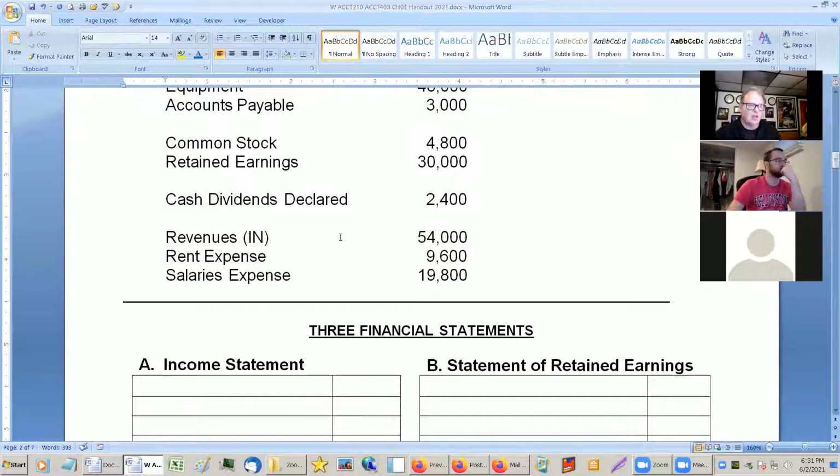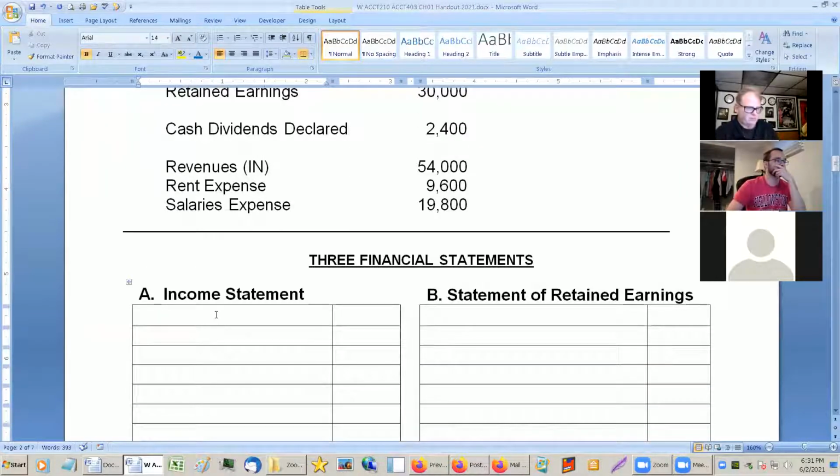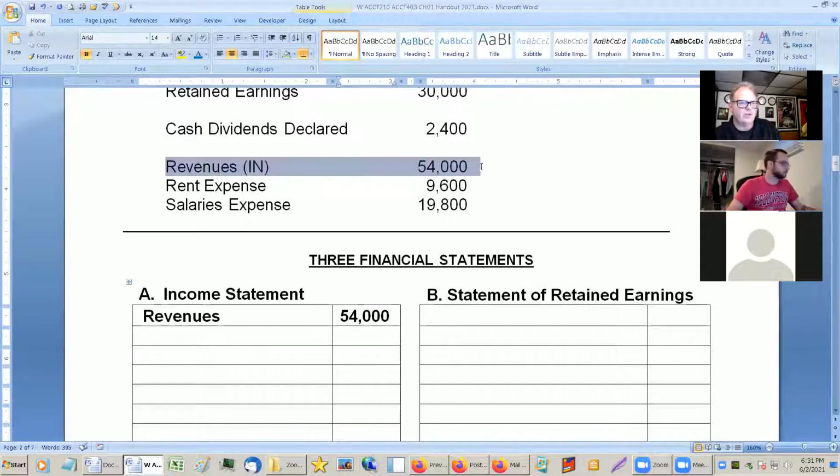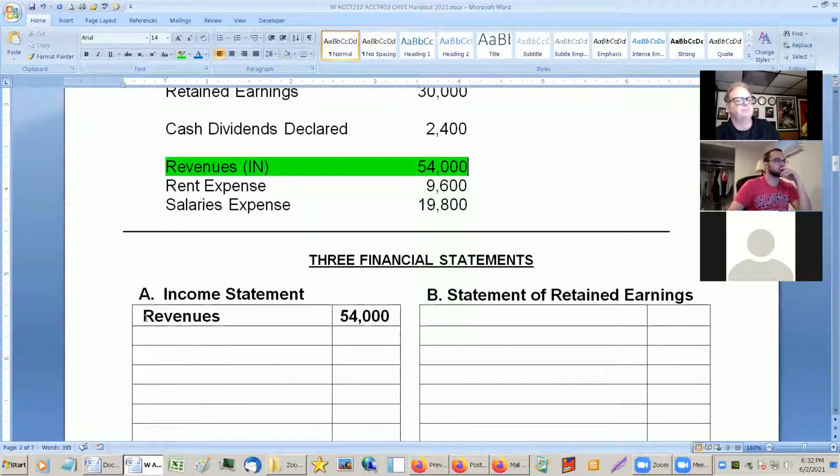Okay, so coming down here, we'll have our, at the top here, our revenues. Make those green. So that's money coming in.